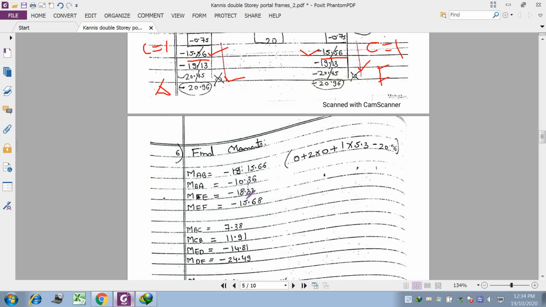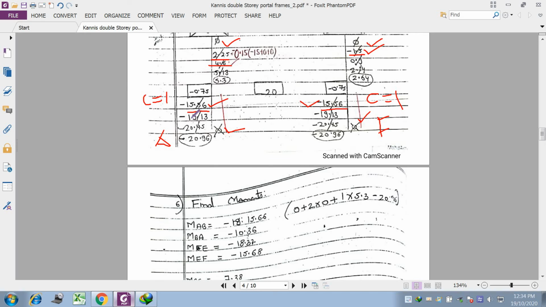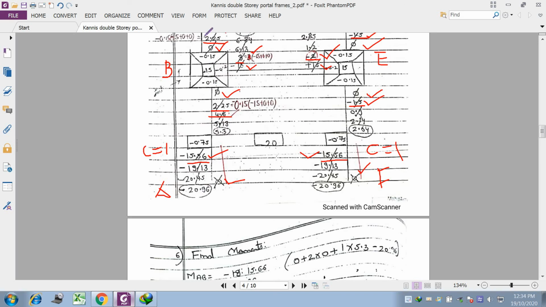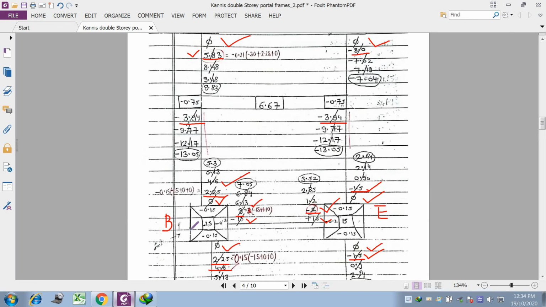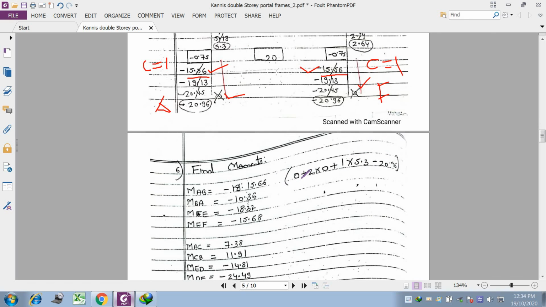Now next is the final moment. The formula will be the same, only in the column part. Whenever we calculate the column moment, that is AB or BA, EB and EF, and DE and CF, we have to consider the respective column moment value. This minus 20.96 has been considered for AB.